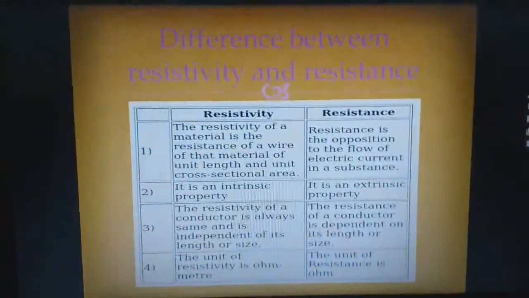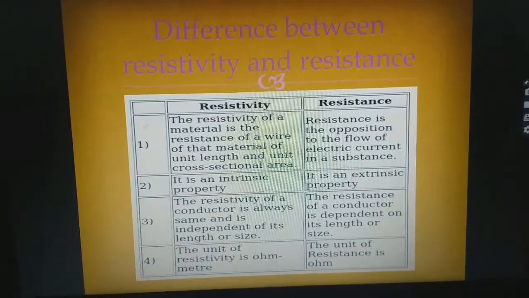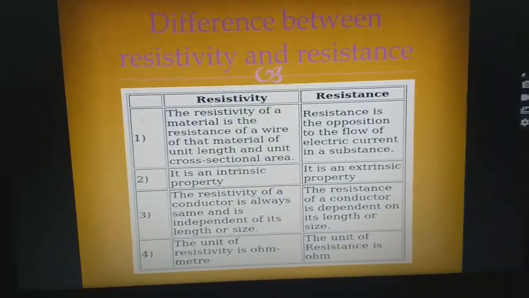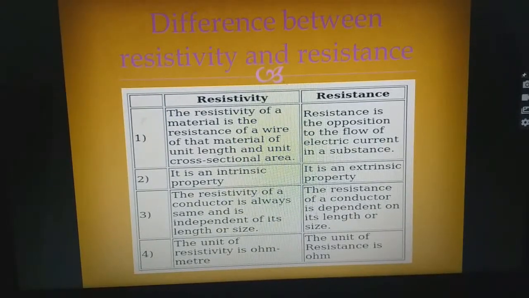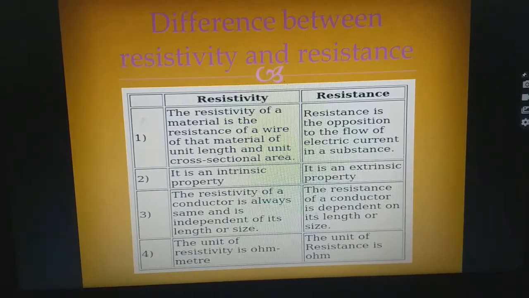Here we have a comparison between resistivity and resistance. There may be a question: differentiate between resistance and resistivity. You have to attempt like this. Make a column, and on one side write down the properties of resistivity and on the other, resistance.